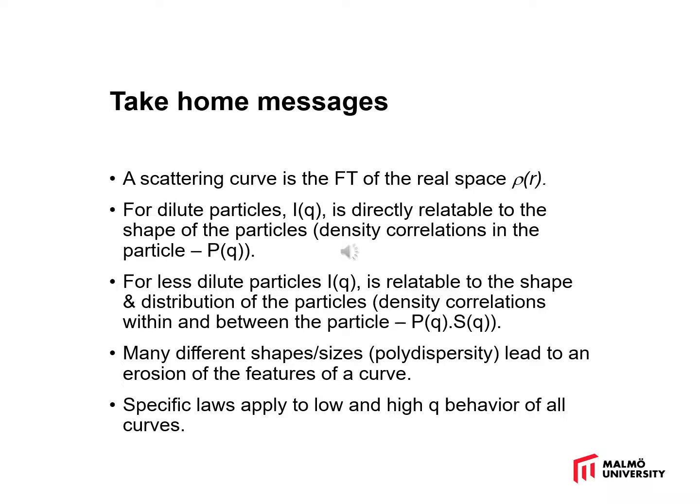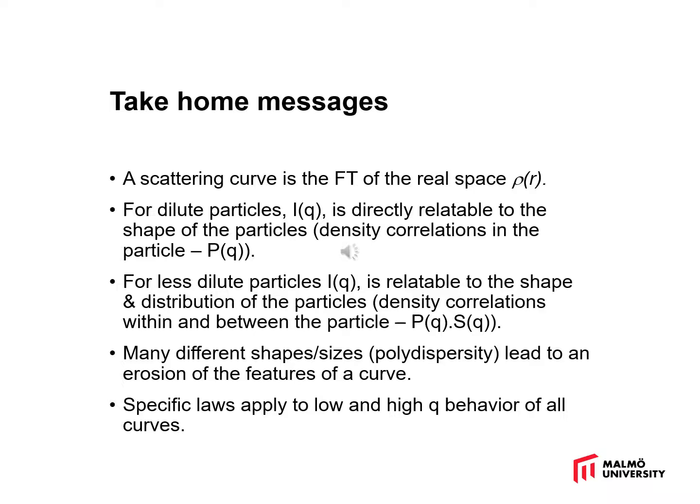So in summary, from this simple and, I guess, a little bit superficial survey of the theory, the scattering curve is a Fourier transform of the real space density distribution function.